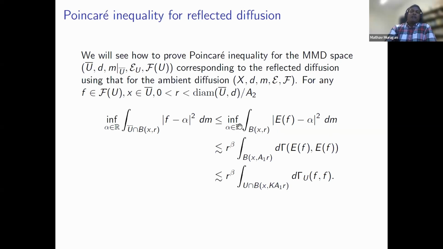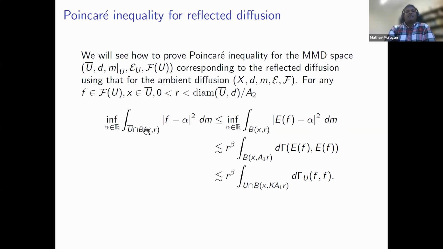And now we have something like the variance of a ball for the extended function on the ambient space. So we know the Poincare inequality for the ambient space, so we can use that to bound the variance using the energy on the ambient space. Now we can use the extension property to show that the energy of the extended function on a ball can be controlled by the energy of the function restricted to the domain U, but on a slightly larger ball.